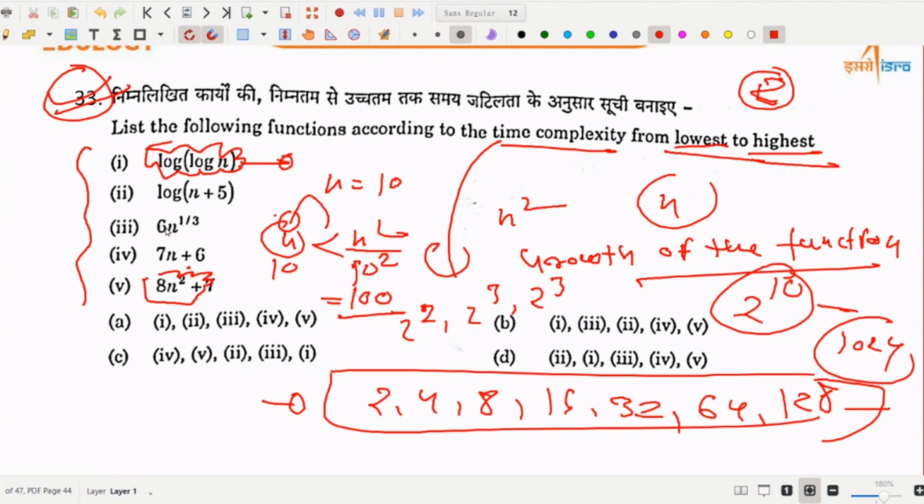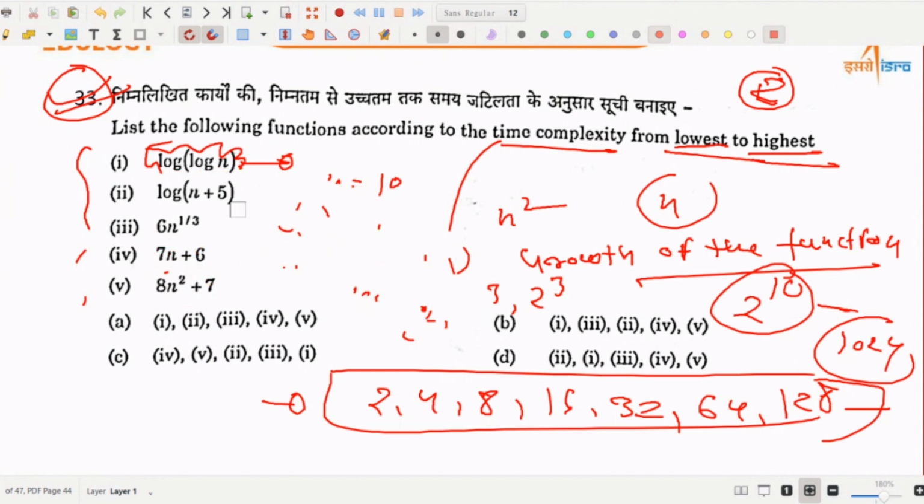We are not interested in the constants; we just ignore all constants. So first, expression number 5 will have the fastest growth and will come at the end, because it is a polynomial function.